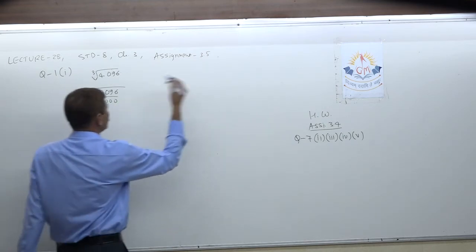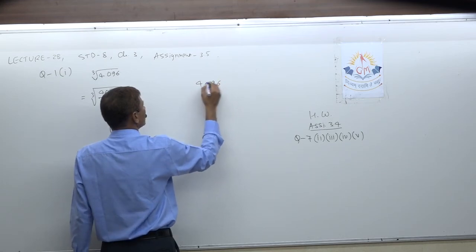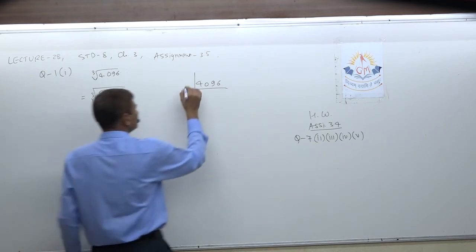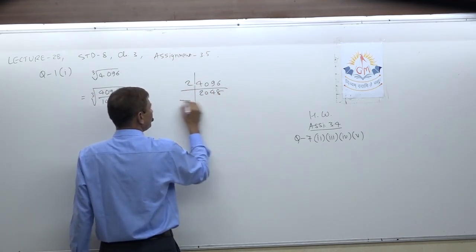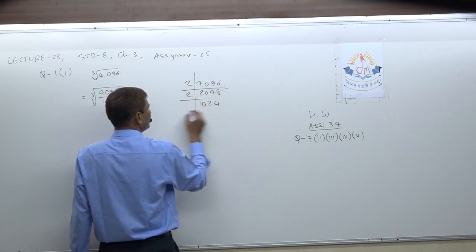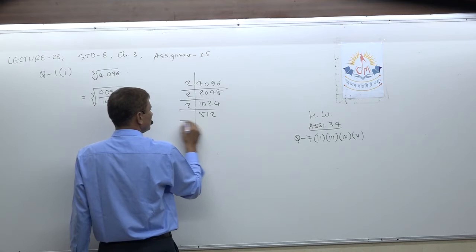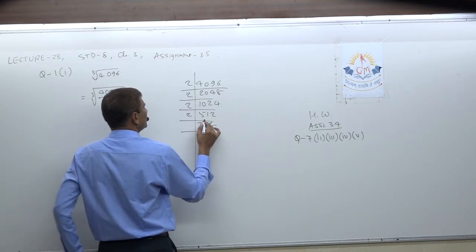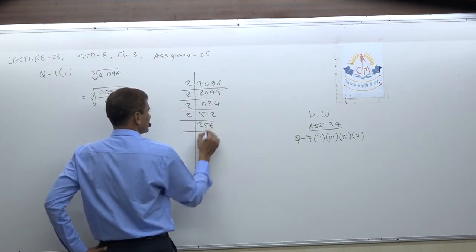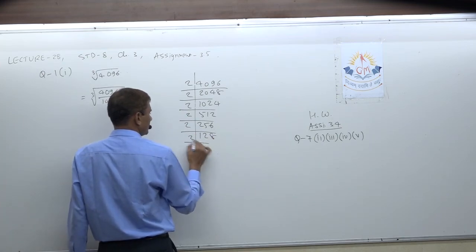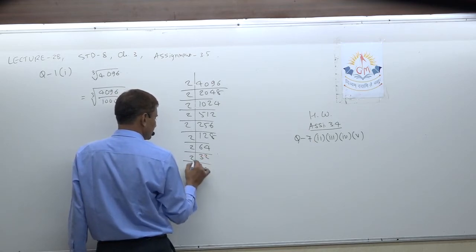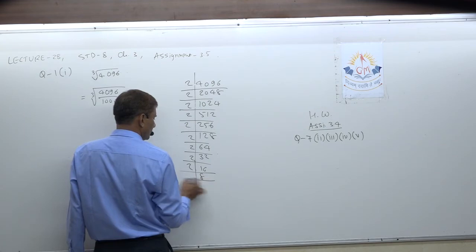Now I don't know the cube root of 4096, so I prime factorize it here. 2048, 1024, 512, 256, 128, 64, then 32, 16, 8, 4, 2, 2.